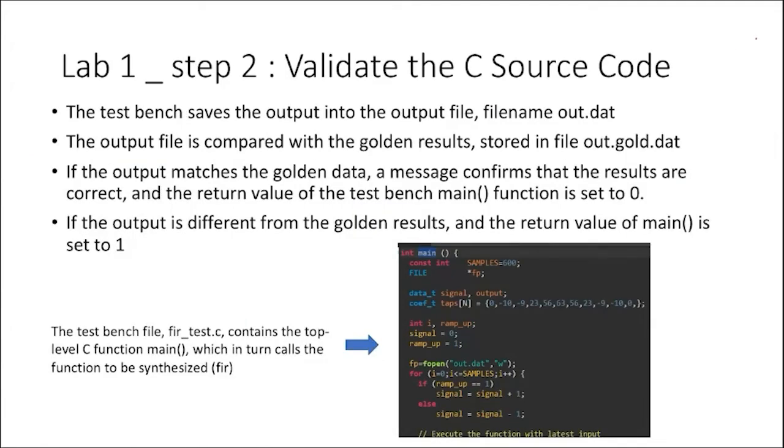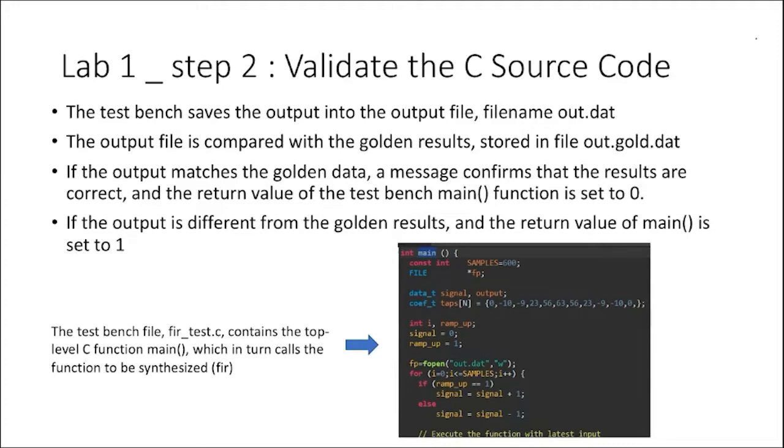And step two is to validate the C source code. The test bench will write the output to an output file, and the file name is out.dat. The output file is compared with the golden results. If the output matches the golden data, the test bench main function will return 0.